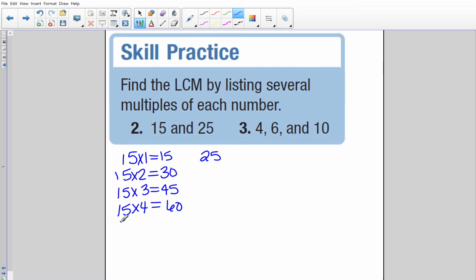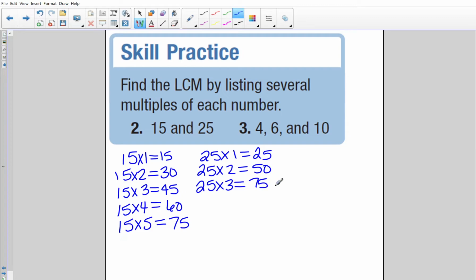And let's do one more. 15 times 5 is 75. So now let's do 25s. 25 times 1, 25. I like 25s, they're like quarters. 25 times 2, I've got 50. 25 times 3, I have 75. Now I don't need to keep going because I got a 75, which matches this 75. So my least common multiple for these two would be 75.